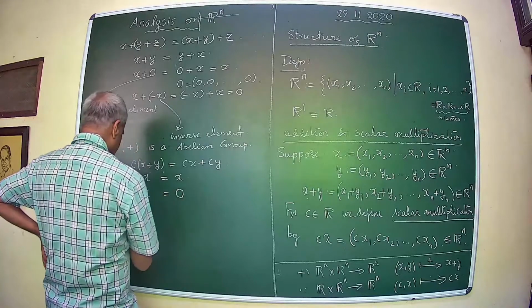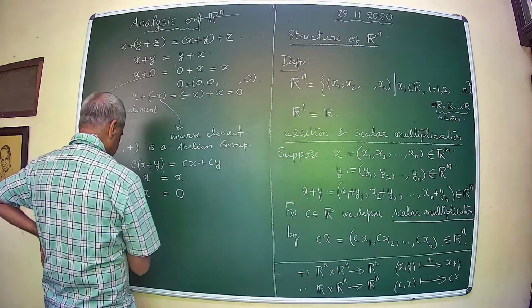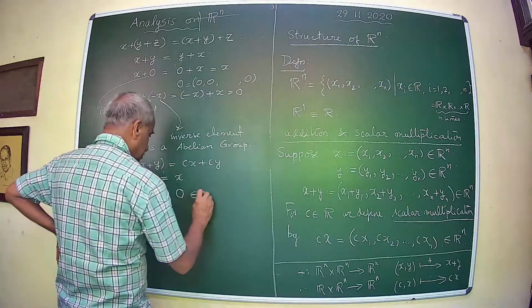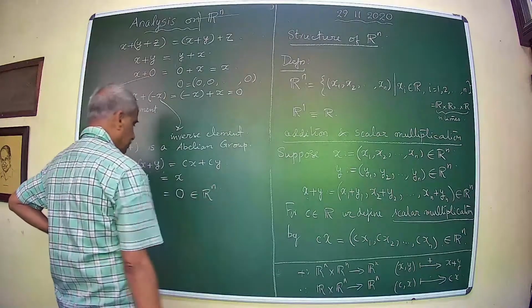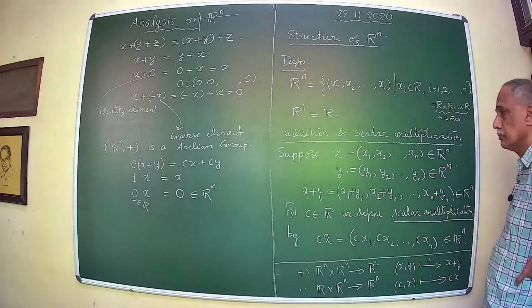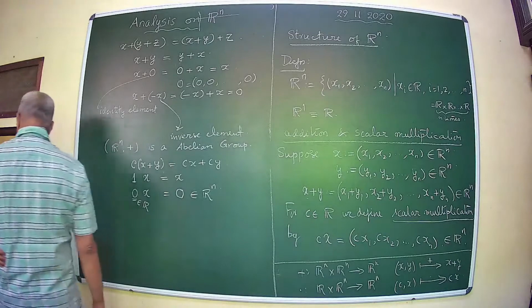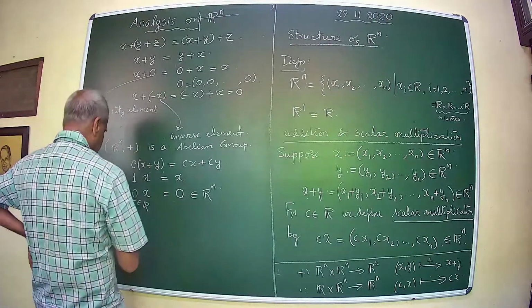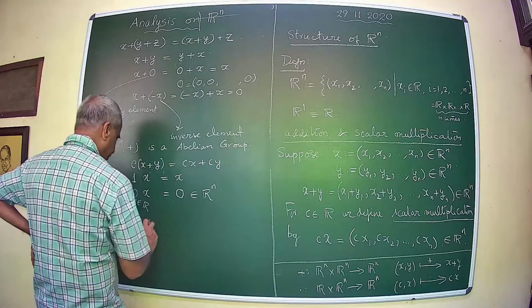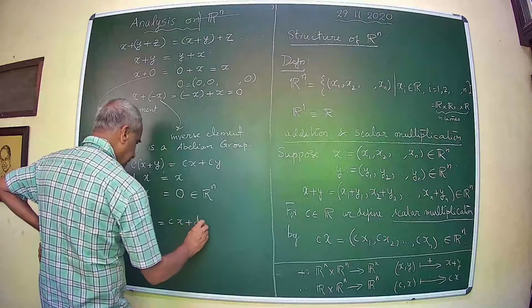Now this 0 belongs to R, whereas this belongs to R. Then you have got (c plus d)x equal to cx plus dx.